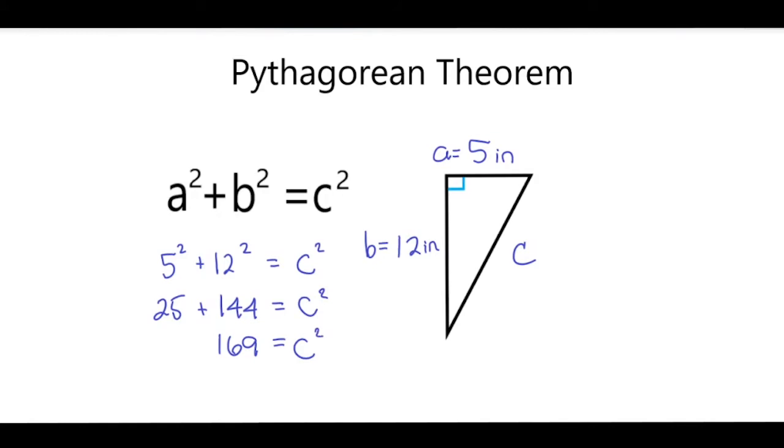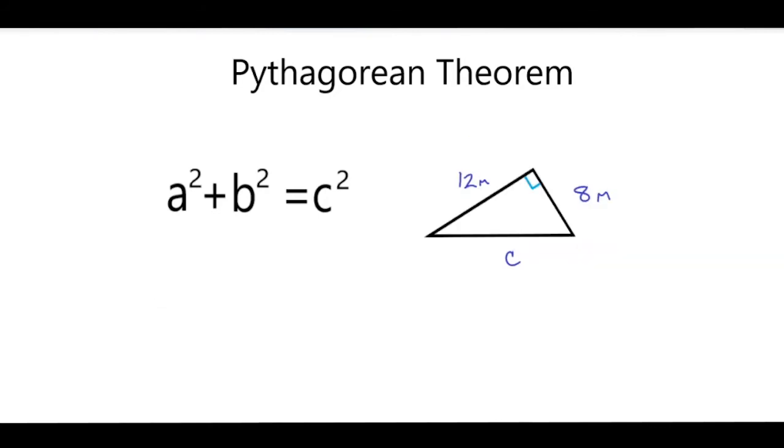Now, C is not 169, but if I take the square root of both sides, C is equal to the square root of 169, which is 13. So C is equal to 13 inches.